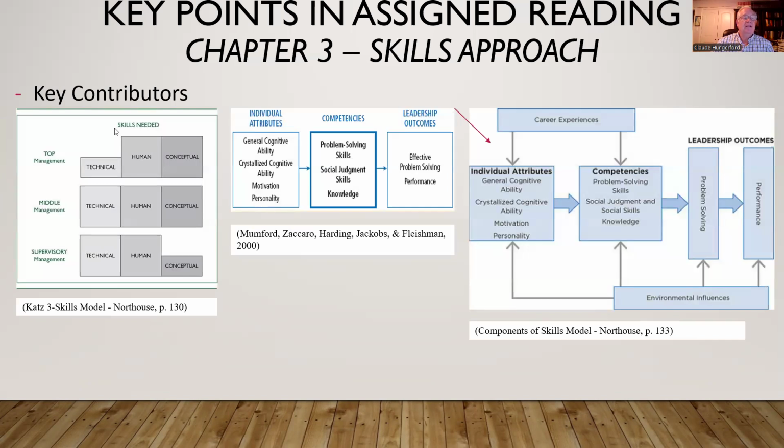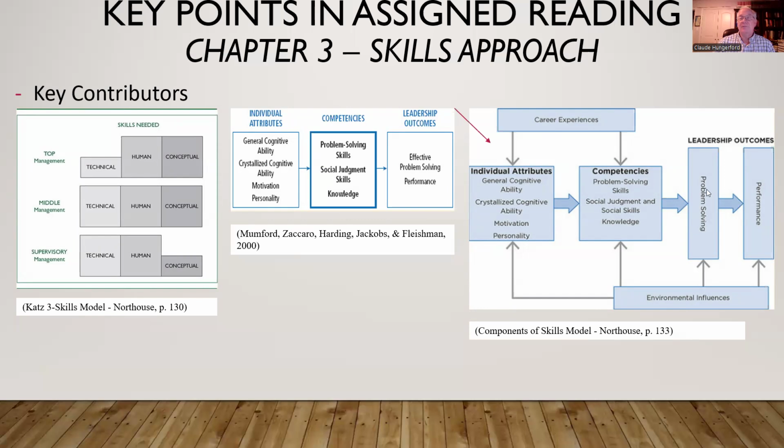Here again are some of the key contributors, Katz being one of them, Mumford, Zaccaro, Harding, and then Norhaus actually takes some of these things, especially from Mumford and Zaccaro, and really puts the components of the skill model and how they evolve with career experiences, the individual attributes, and also the competencies that they possess, and what it is that we're trying to be able to do.